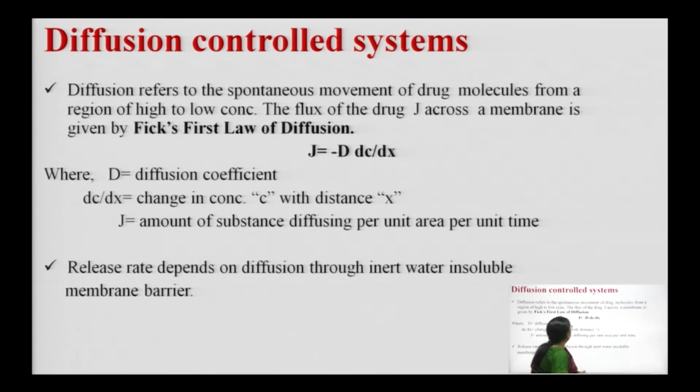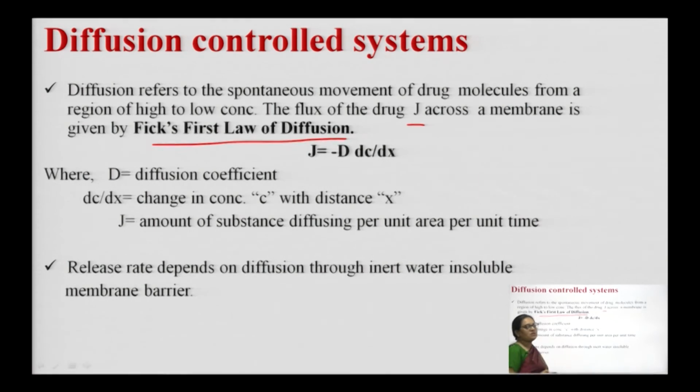Going on to the next category or next approach towards development of controlled drug delivery systems, these are the diffusion controlled systems. Now, diffusion as a mechanism basically refers to spontaneous movement of drug molecules from a region of high concentration to low concentration, and the rate of diffusion or the flux of the drug is represented by the symbol J, and this J, this flux across a membrane, is given by Fick's first law of diffusion.